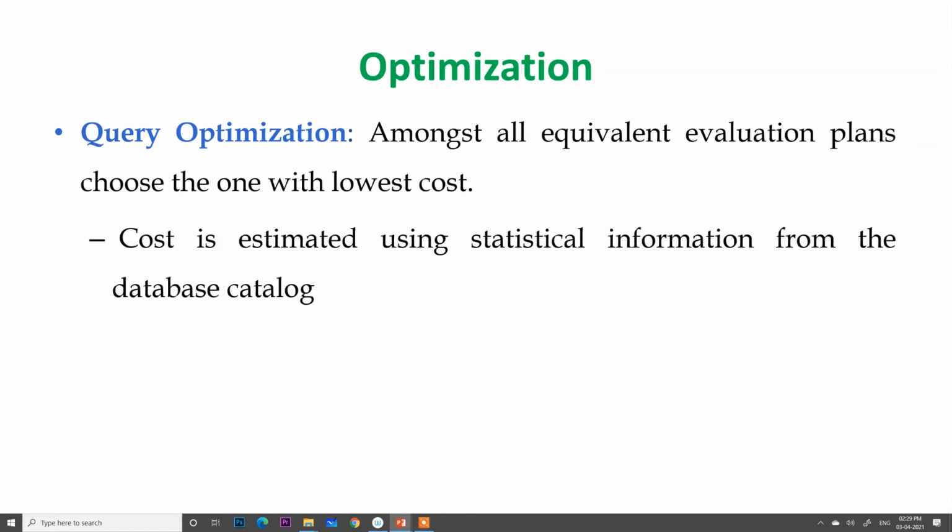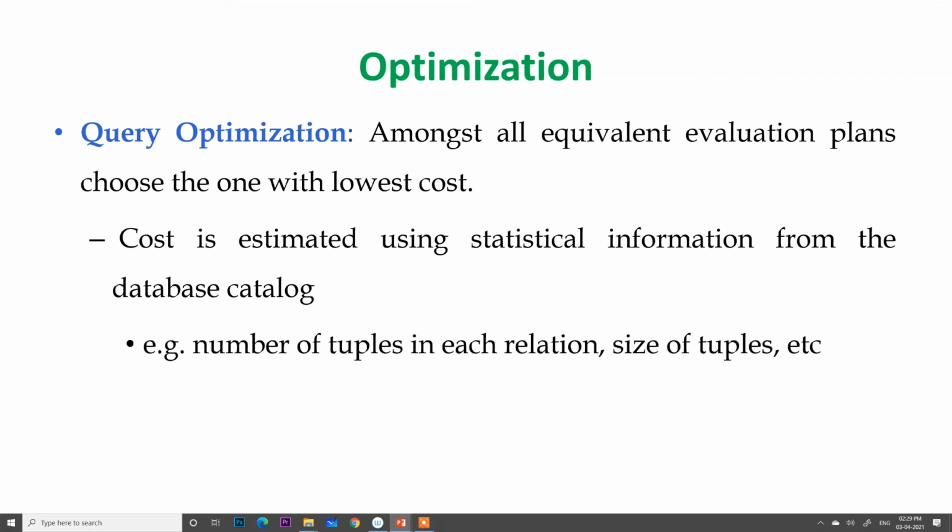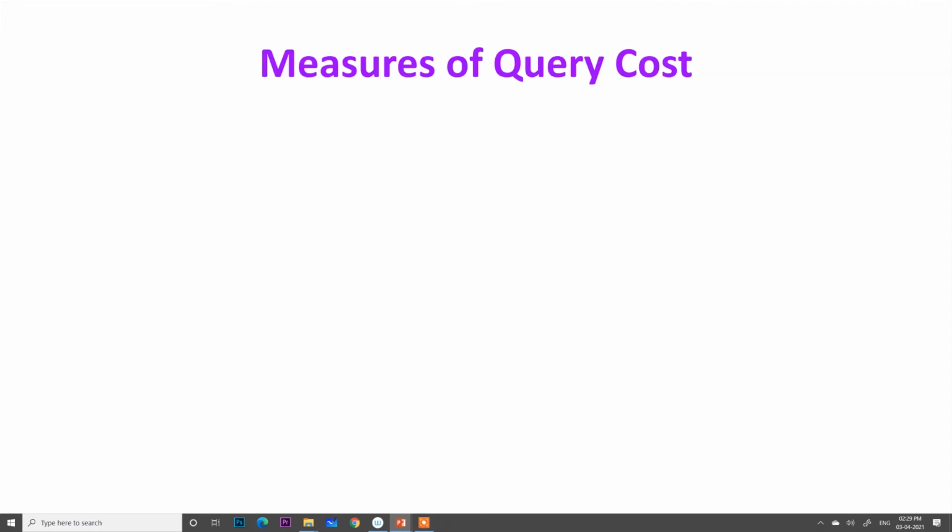Here cost is estimated from statistical information in the database catalog, like the number of tuples in each relation, the size of the tuples, etc. By considering all these parameters, the evaluation plan with the lowest cost will be considered for execution if the query is to be optimized.